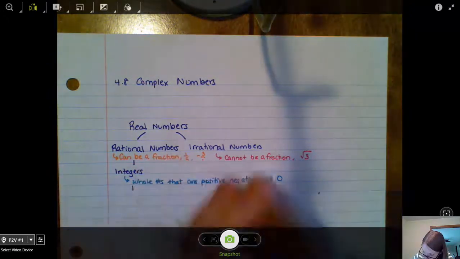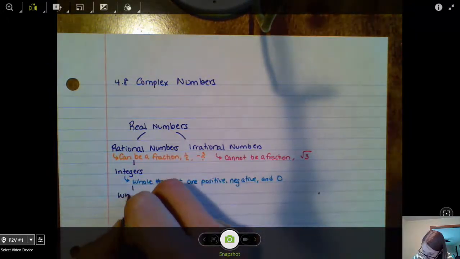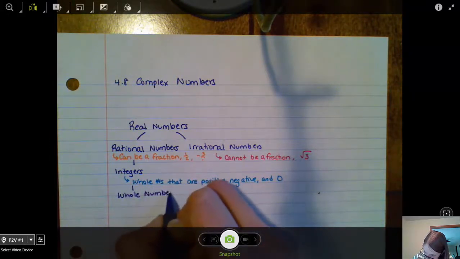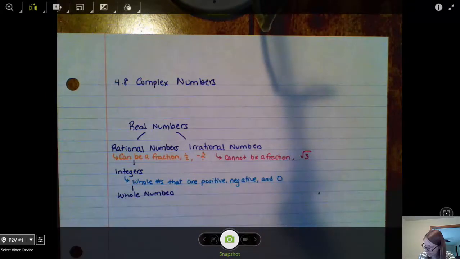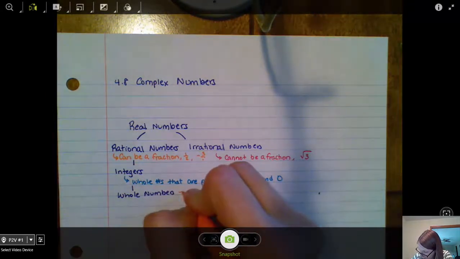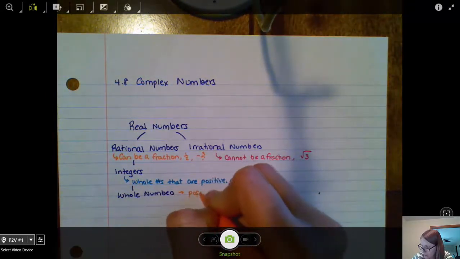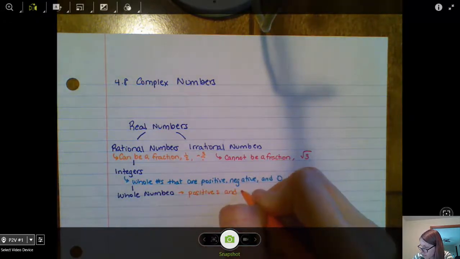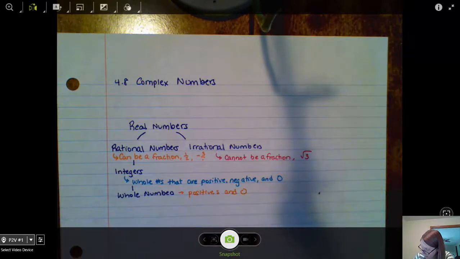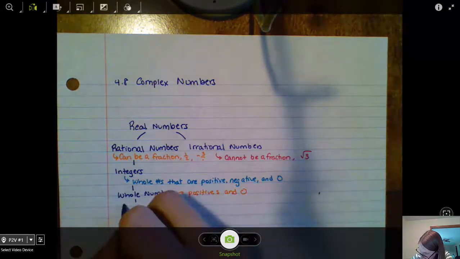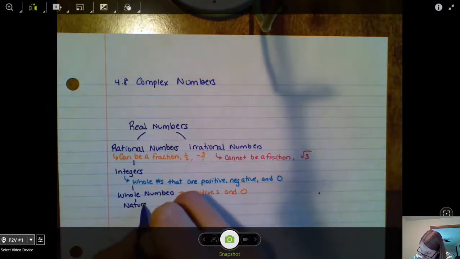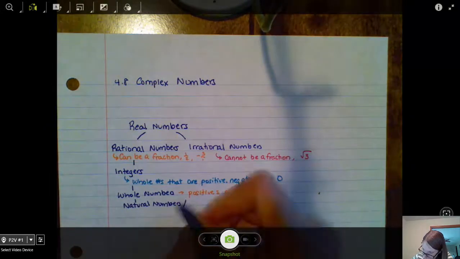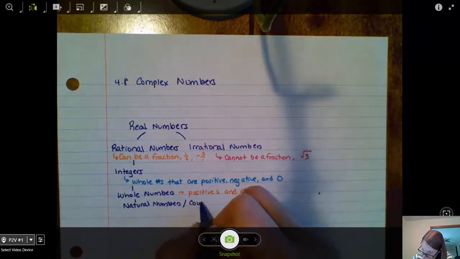And underneath integers, we have whole numbers. And the category of whole numbers is just positive numbers and 0. And then our last category is our natural numbers, which are also sometimes called counting numbers.